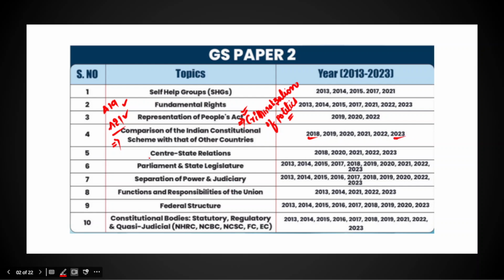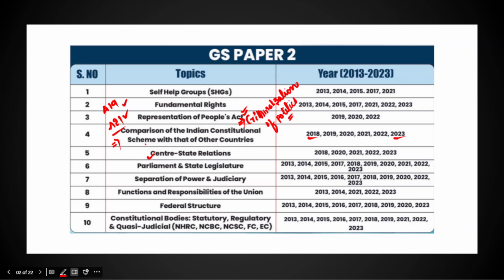Even questions on center-state relations are asked, particularly on centralization of powers through a number of measures. For example, one nation one election and goods and services tax. In a number of areas there is heavy centralization of powers, and the potential of the interstate council has not been utilized to protect the federal spirit of the Indian constitution.